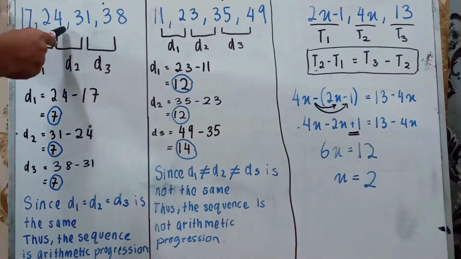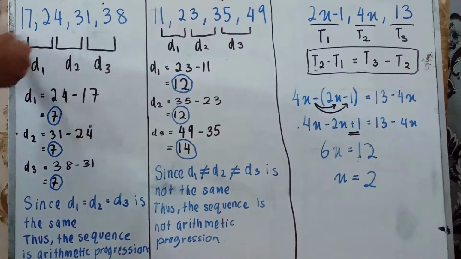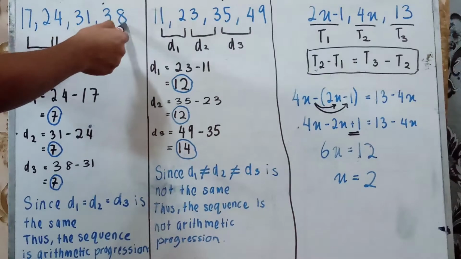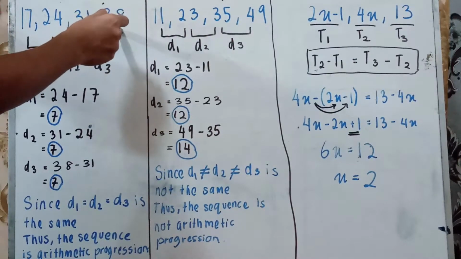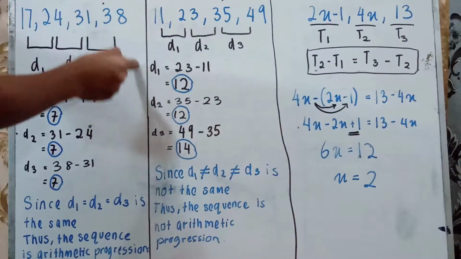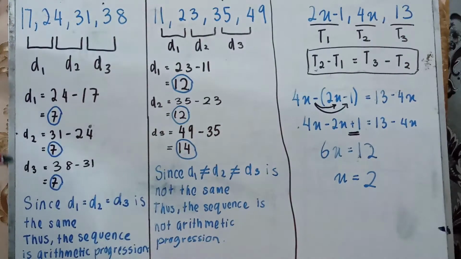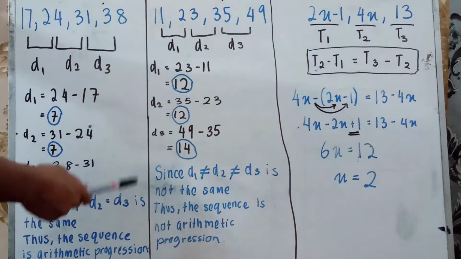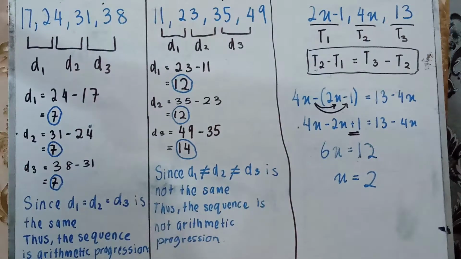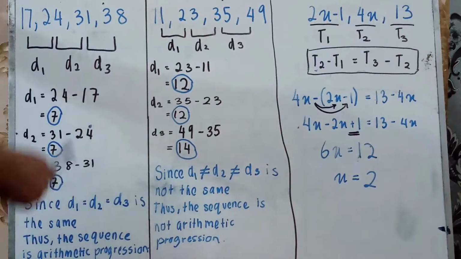We just need to subtract the number before from the number after, and we will get the d. And how do we state it in a sentence? We say that since d1 equals d2 equals d3 is 7, thus the sequence is an arithmetic progression.